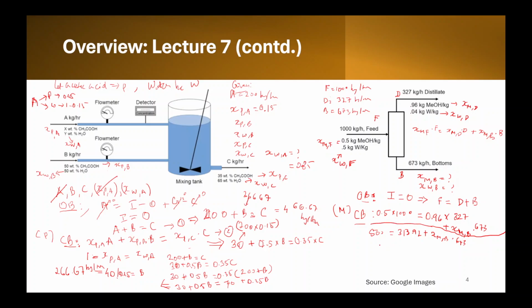So XMB will be 500 minus 313.92 upon 673.